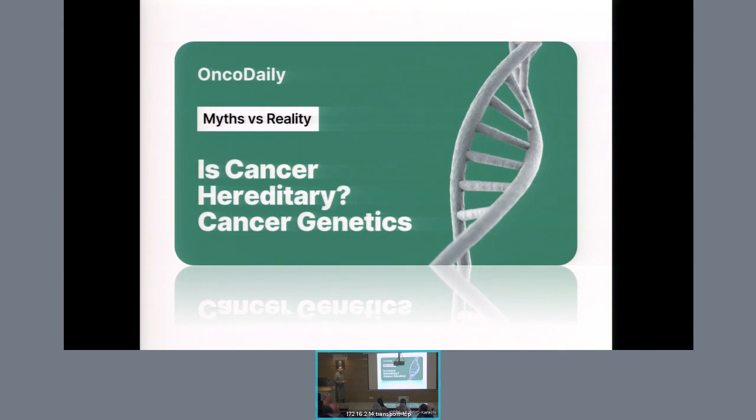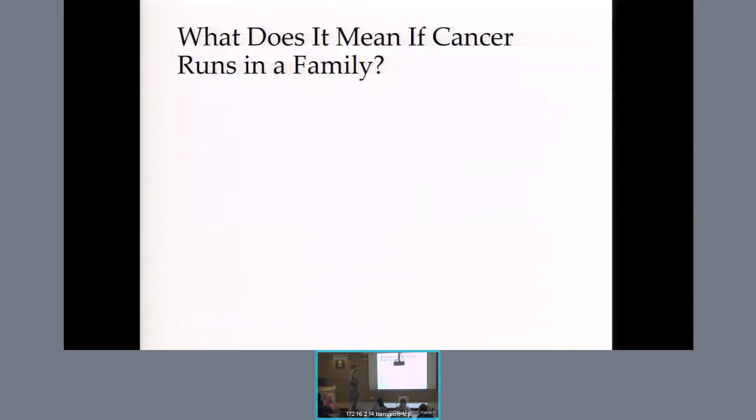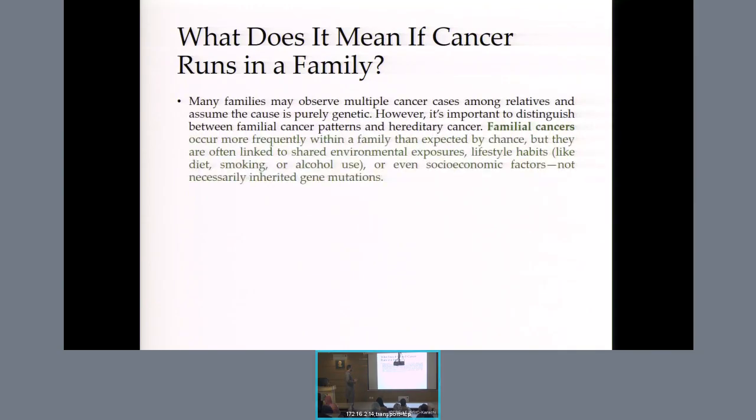So then we talk about whether cancer is hereditary or is it specific to a particular family. So what does it mean if cancer runs in a family? Many families may observe multiple cancer cases. However, it's important to distinguish between familial cancer patterns and hereditary cancer.